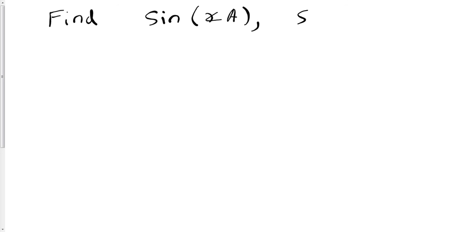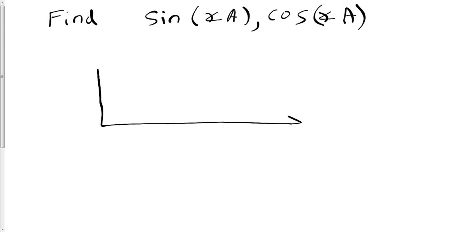So find sine of, I guess, angle A, and then also we'll find cosine of angle A. Okay. So we're going to draw a triangle. We'll make it look like that.